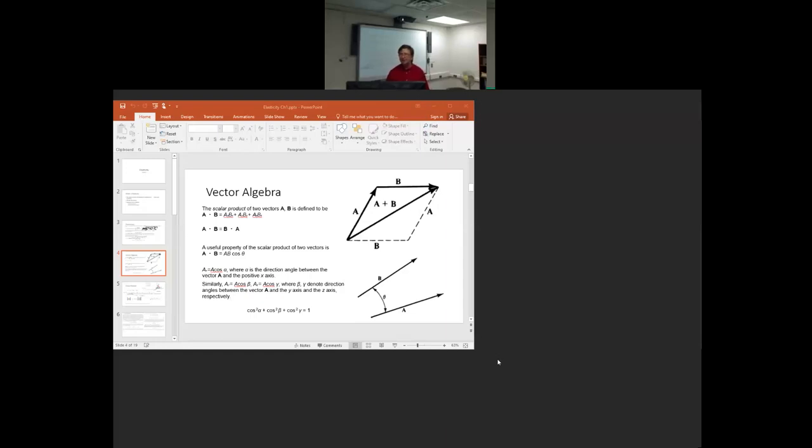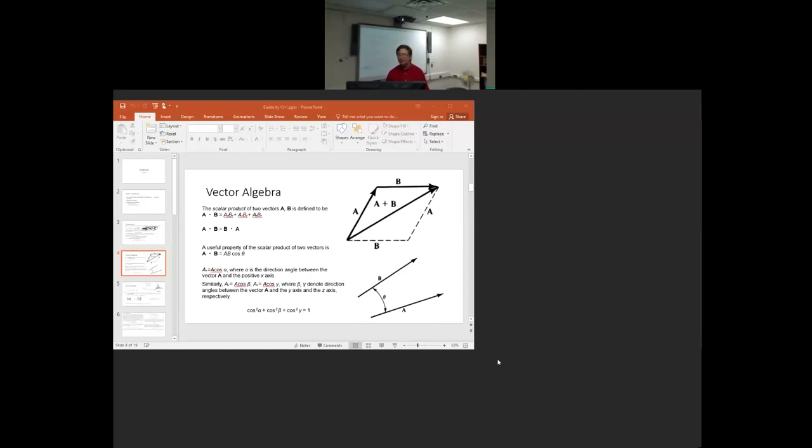The angle between x and the line of action is alpha, y and line of action is beta, and z and line of action is gamma. The direction cosines also define the components of the unit vector along vector A.